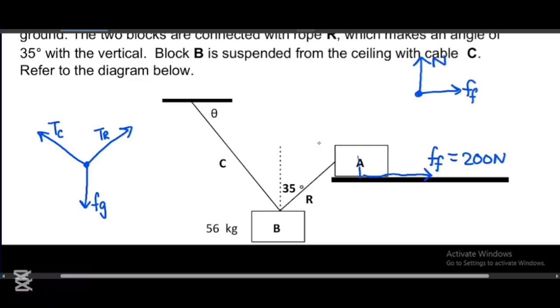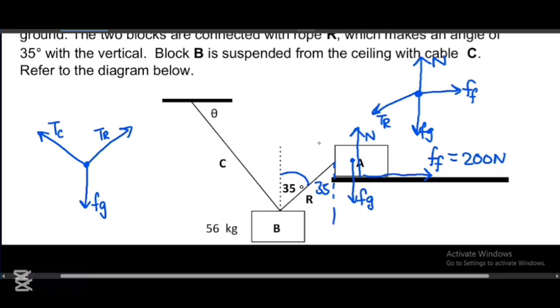Then we also have Fg going downwards from the center of the object, and we also have tension R here, and this angle here is 35 degrees. Obviously we'll have alternating angles, so this angle here is going to be 35 degrees.